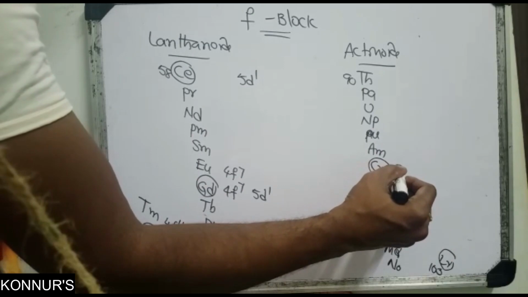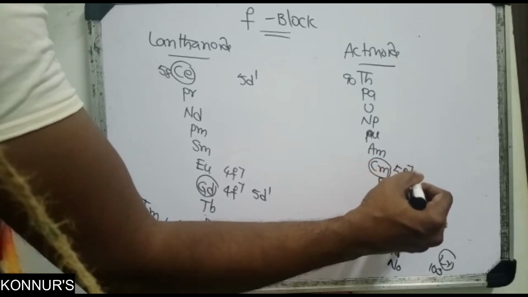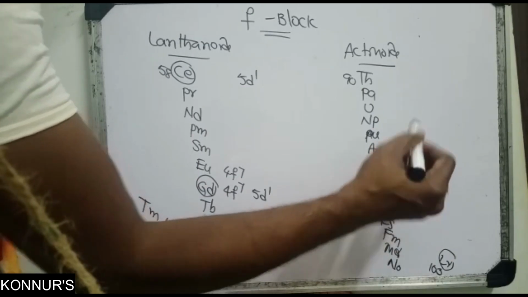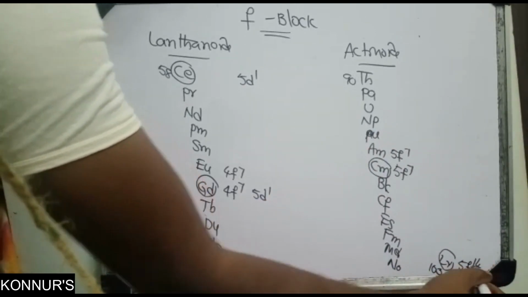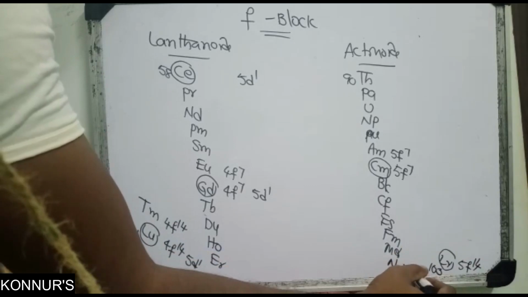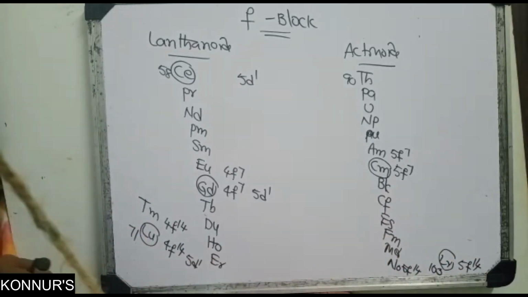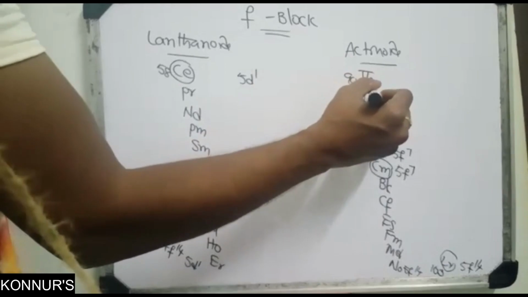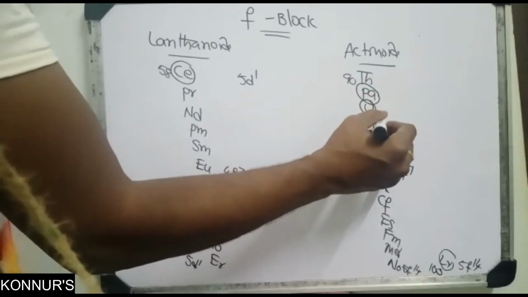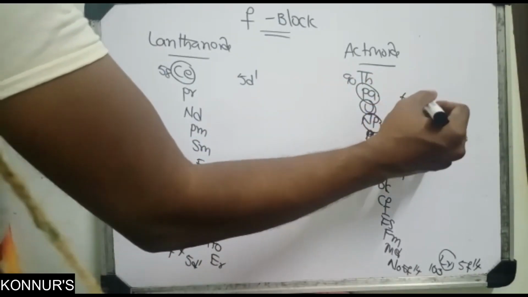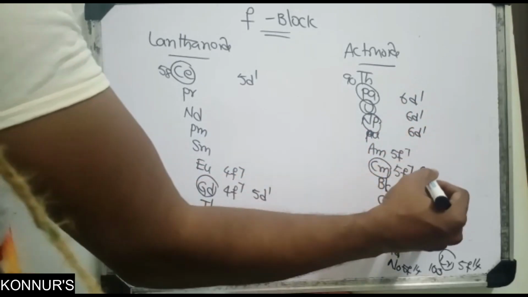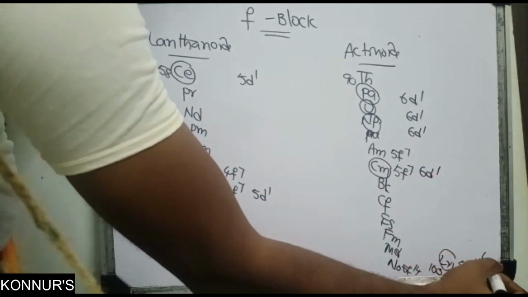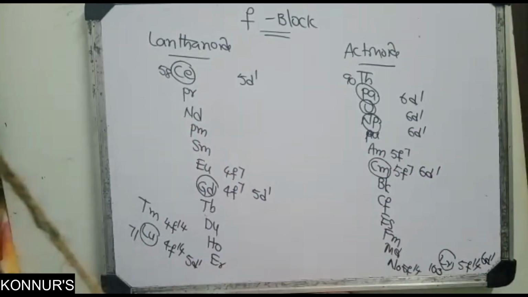So curium is what? Here 5F7. Americium also 5F7. So lawrencium is what? 5F14. This is also 5F14. That one. Next, 6D1, 6D1, 6D1. Here also 6D1. So that electronic configuration they can ask, you can see this.